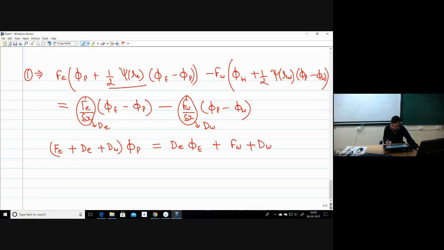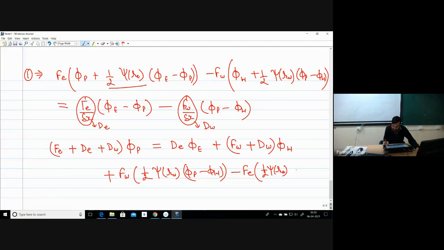So plus FW plus DW into phi W. And then let us now take all the terms involving psi function on the right hand side. Okay, so that will be plus FW into half of psi Rw into phi P minus phi W, and minus FE into half of psi Re into phi E minus phi P. Is this point clear?